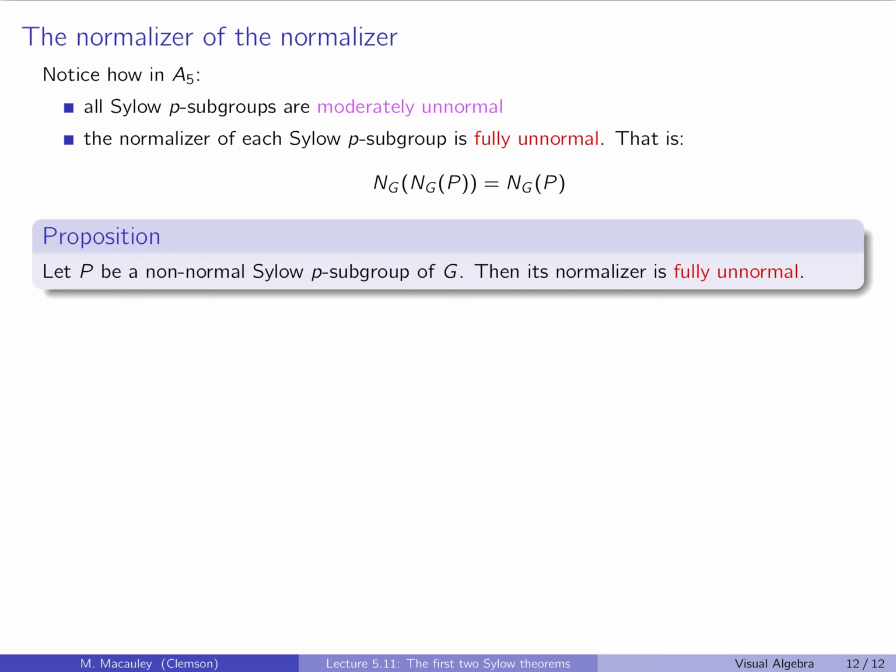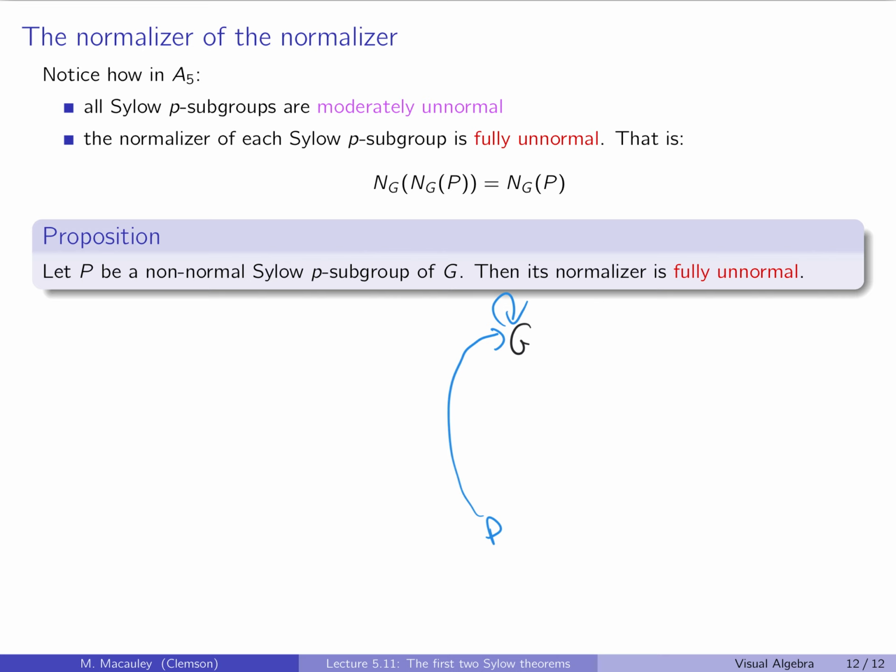Formally, let P be a non-normal Sylow p-subgroup of G. Then its normalizer is fully unnormal. So once again, if we start at G and we have a normal Sylow p-subgroup, taking the normalizer twice is the same as doing it once.